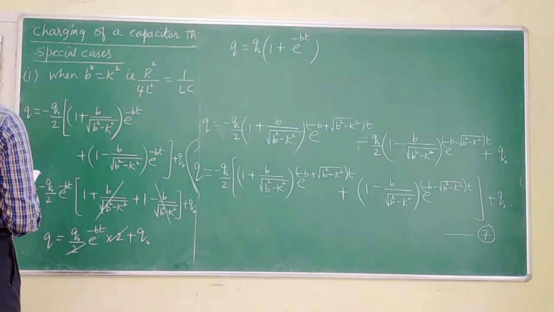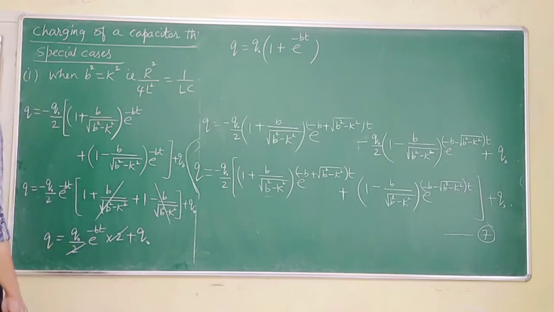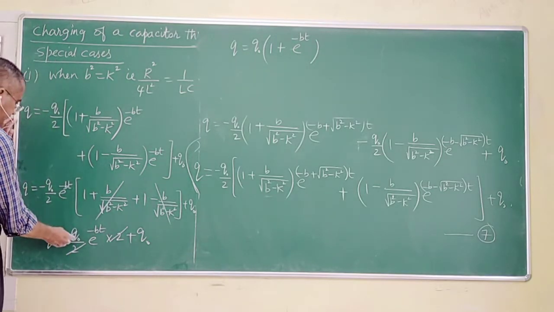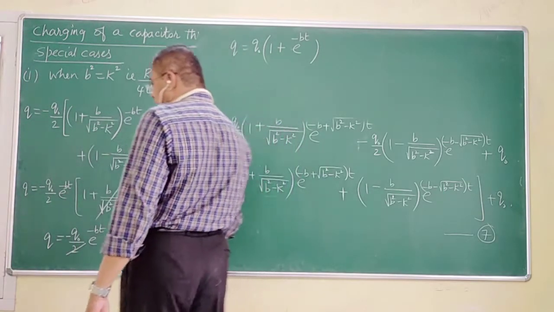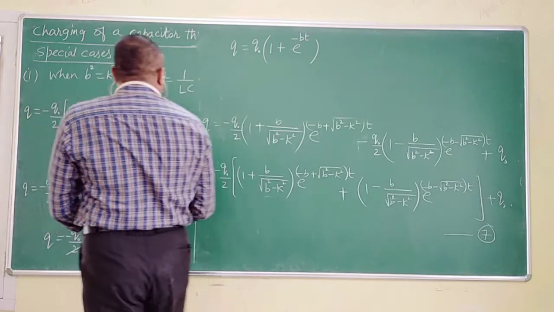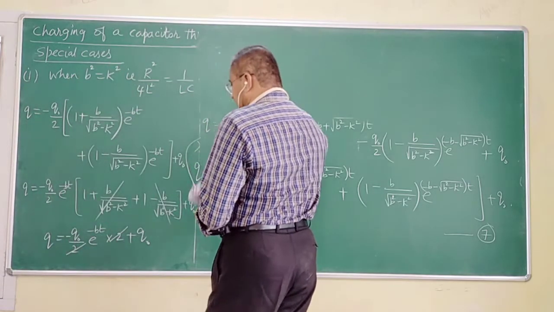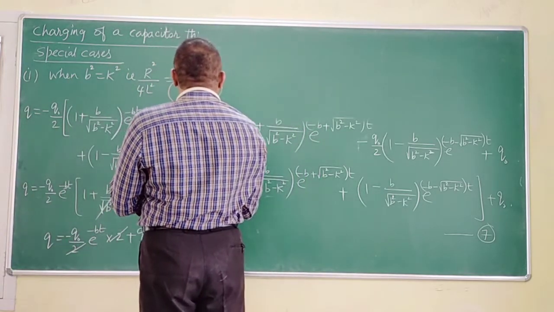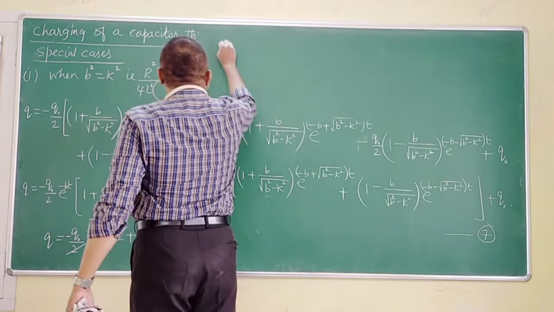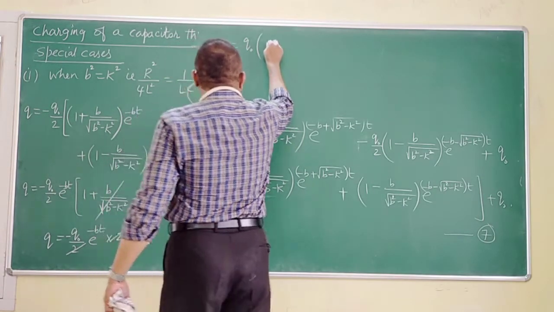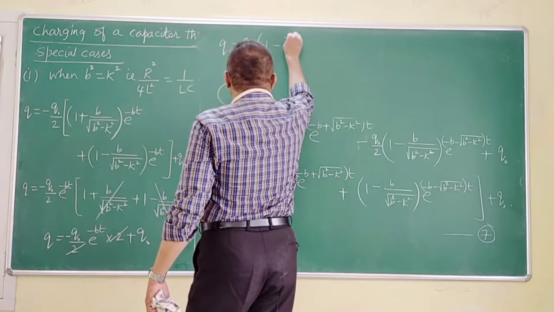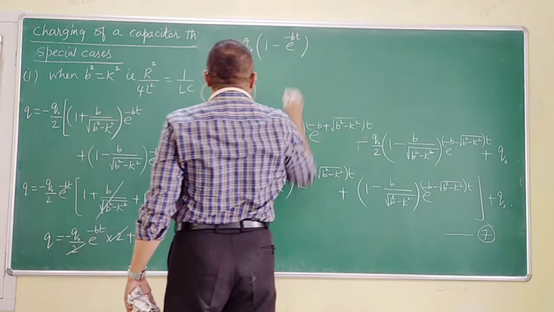No, the equation is wrong because I have left this minus sign here. Therefore, if I put a minus sign here, this expression will not be of this form. Rather, it will be of the form q is equal to q naught 1 minus e to the power minus bt.